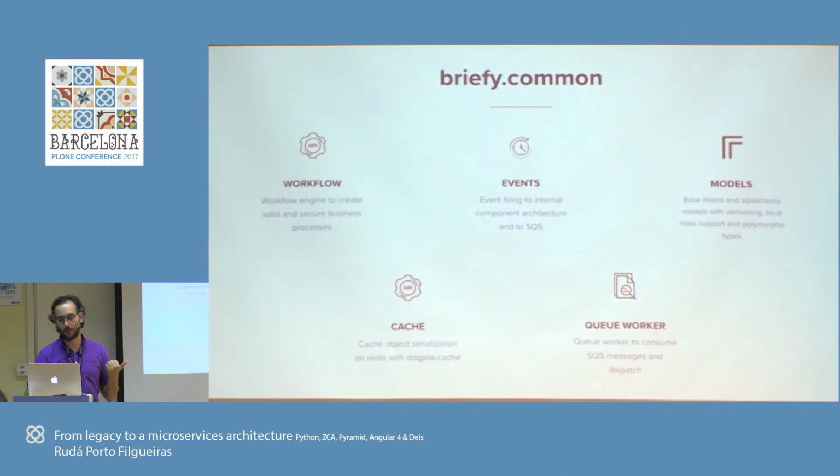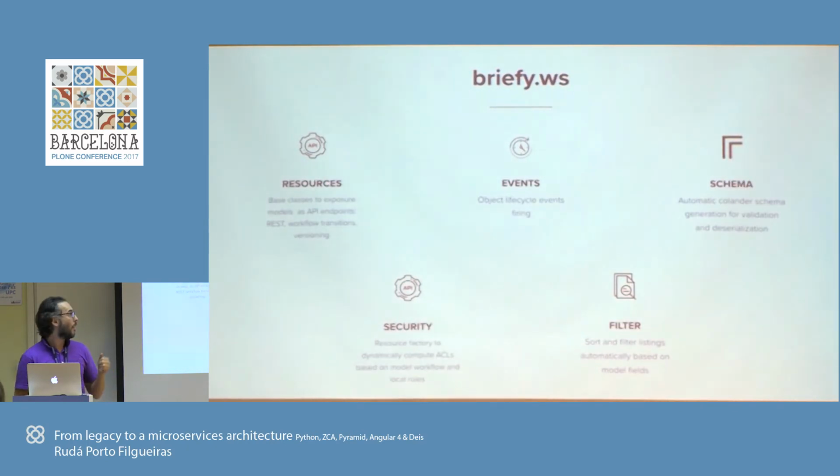And the worker I told you about, consuming messages from SQS. Briefy AWS, we have the base class to expose models as API endpoints. So it was really just say, okay, this is my endpoint, this is my model class, and it's done.